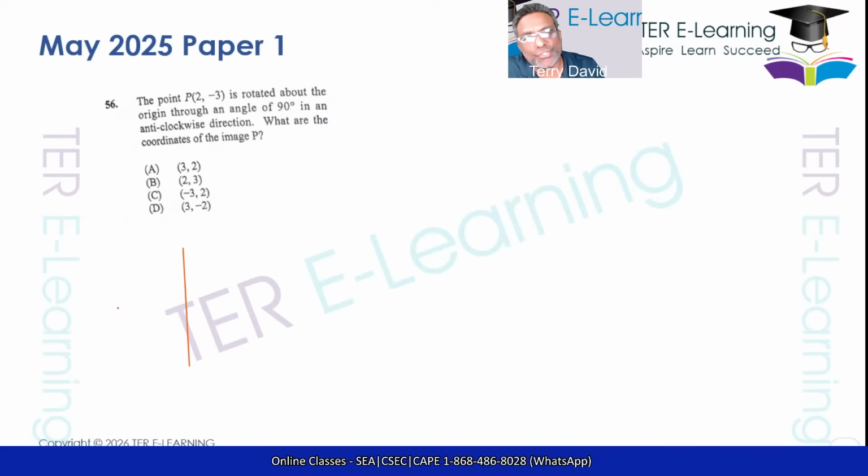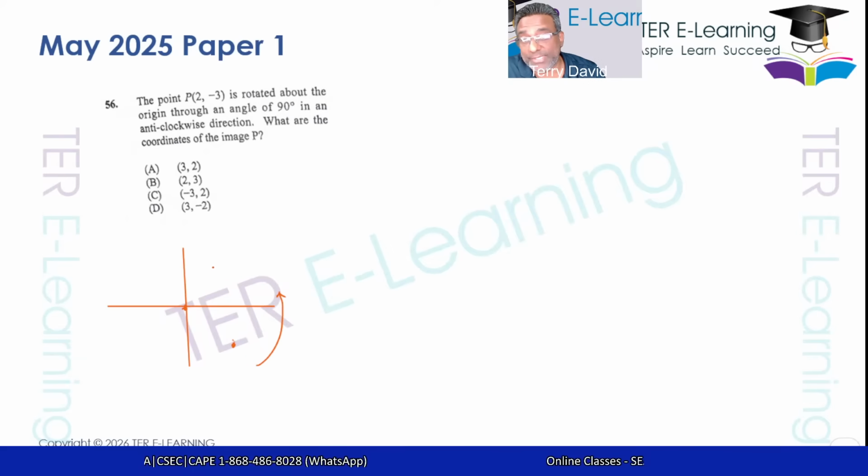They might draw a little sketch, and they might decide, well, you know what, I can figure this out. So they can say that point P is 2, minus 3. So 2, minus 3 is somewhere down here, right? And then they're going to rotate this point here, going this way, and that's going to end up in this quadrant here, right? But it has to be a 90-degree angle.